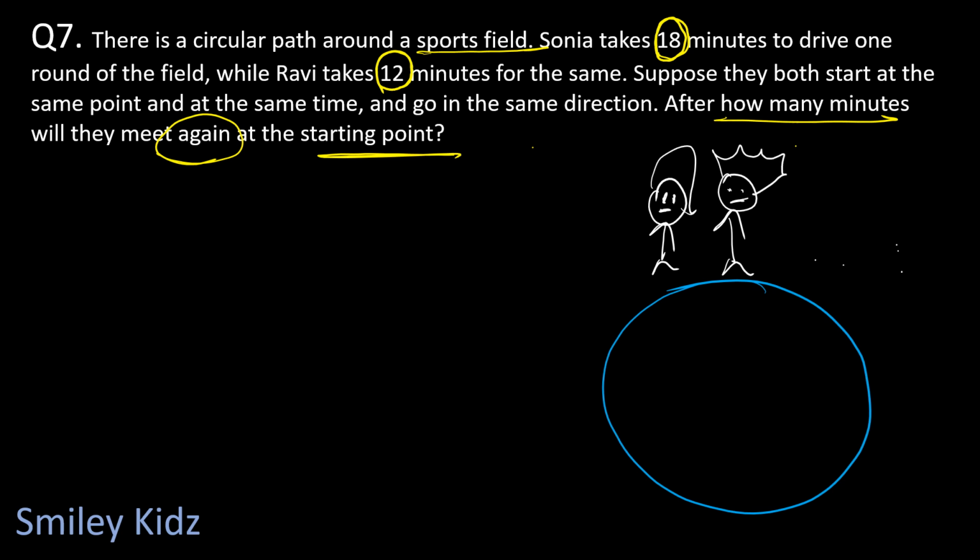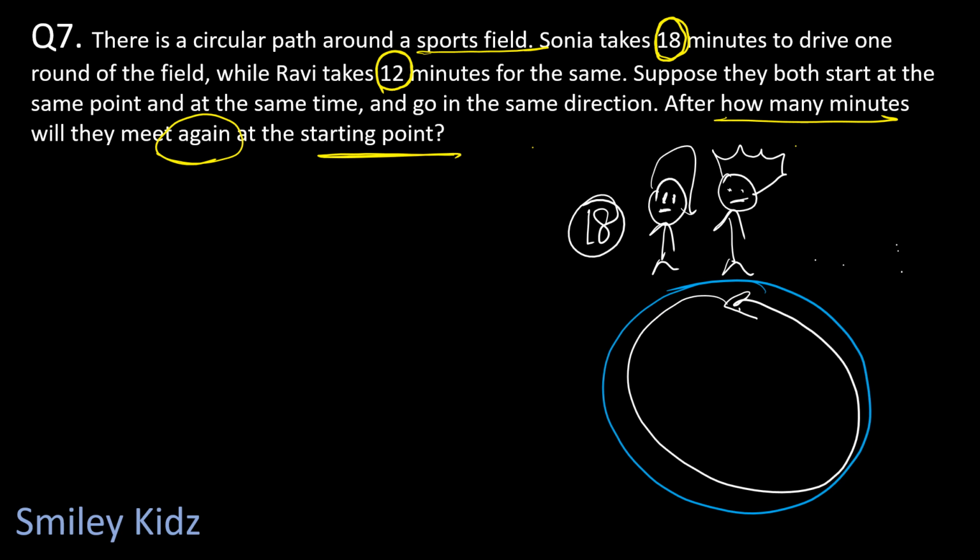Sonia takes 18 minutes to drive one round of the field. That means to make an entire round and come back to the same position, she takes 18 minutes. Whereas in the exact same direction, starting from the exact same point and at the exact same time, Ravi takes just 12 minutes.